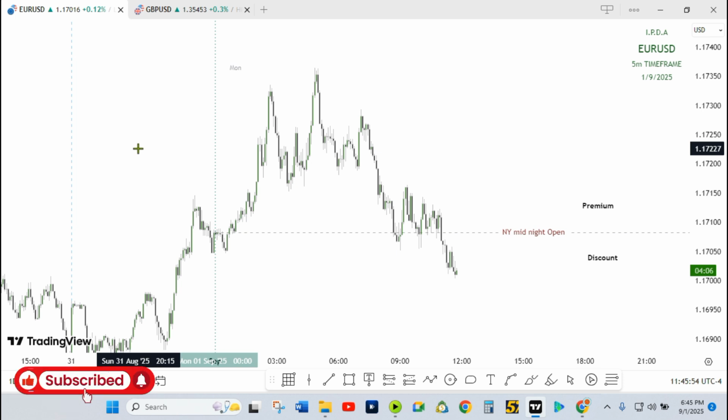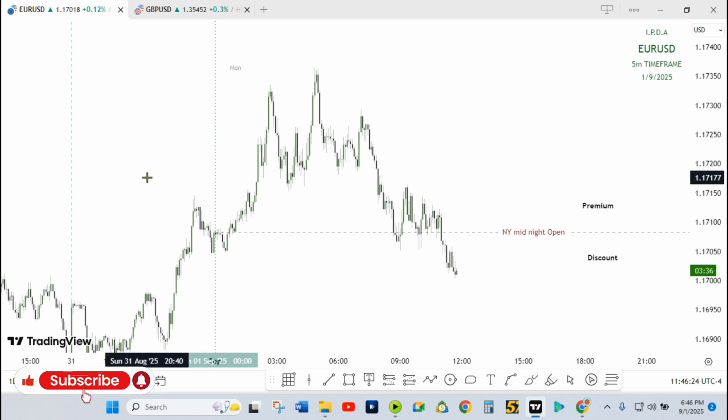How? Markets move in time segments: days, weeks, months, and even quarters of the day. So price can trade above the previous quarter of the day high or previous quarter of the day low.